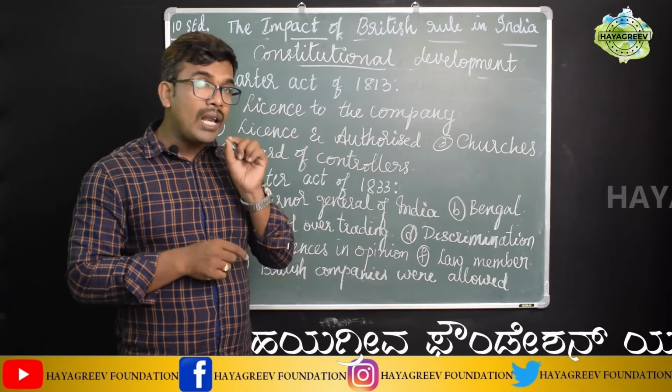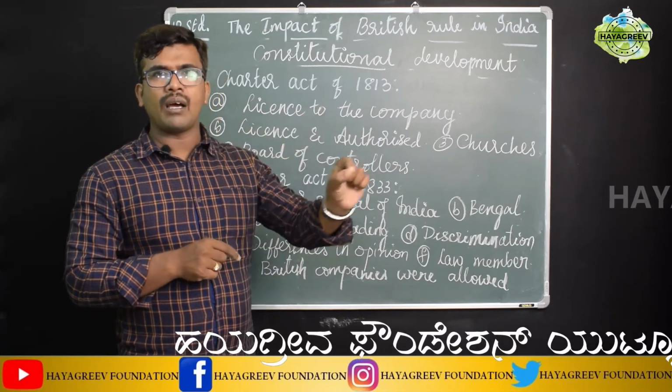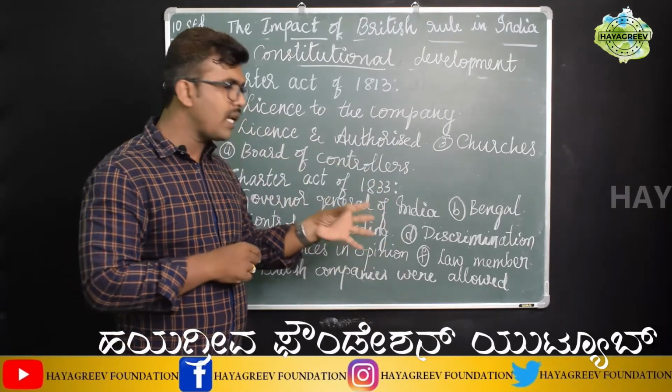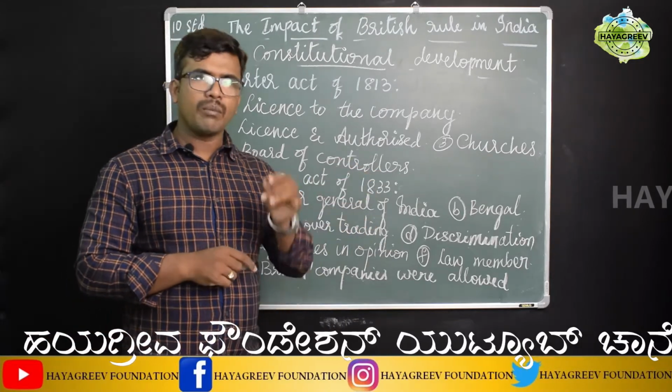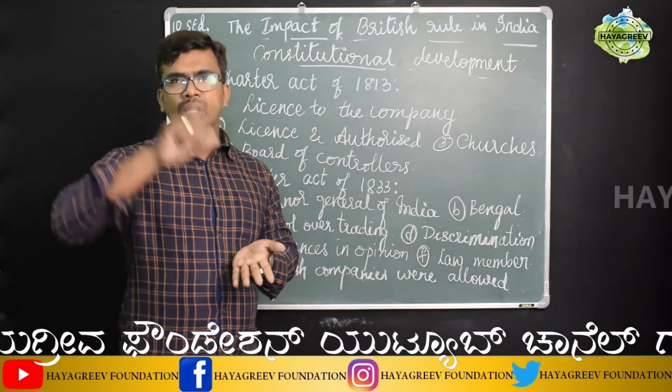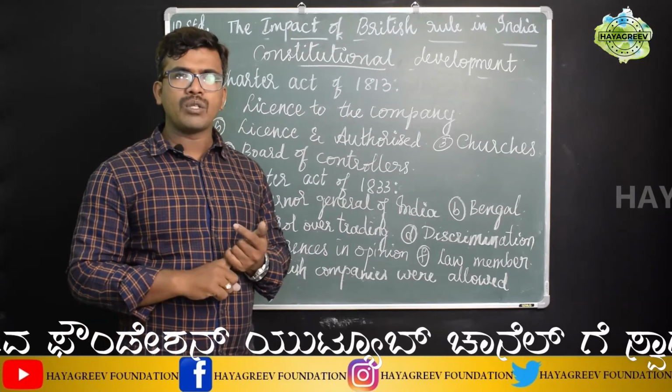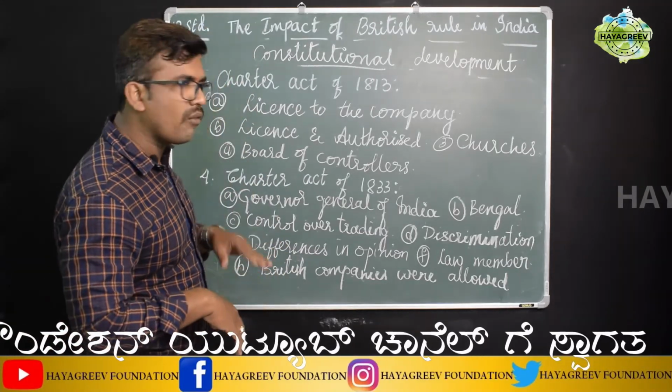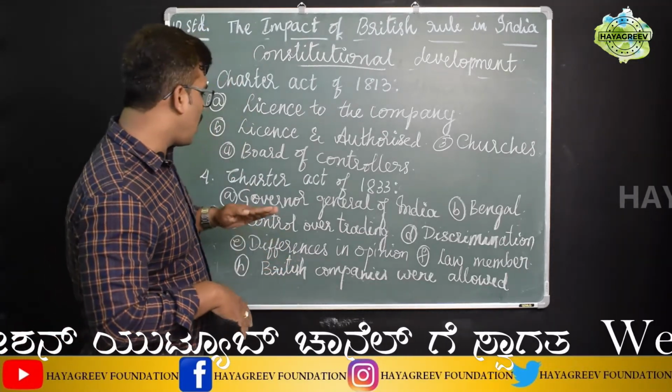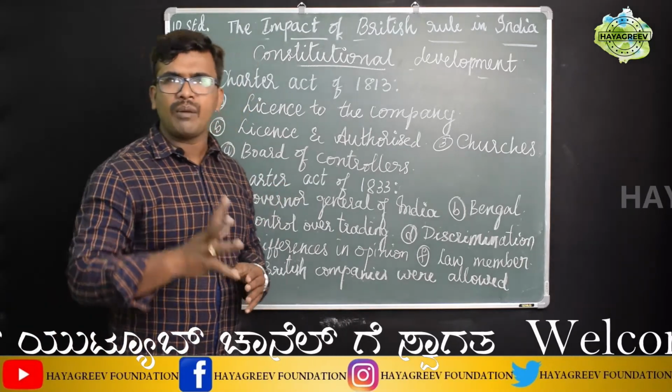While overriding or cancelling the decisions of the executive council members, he had to write a letter to the British government. So here one thing we can observe is that while making any kind of decision, the Governor General had the ultimate power.